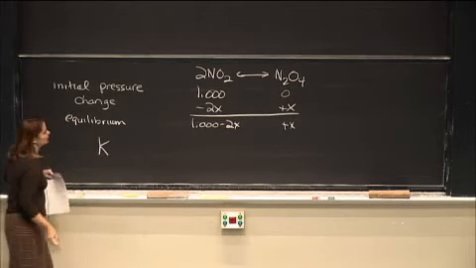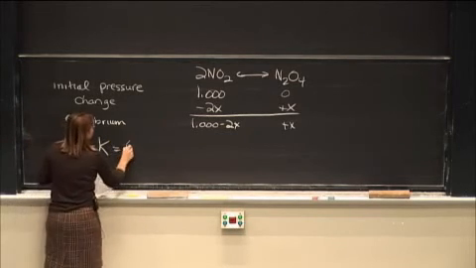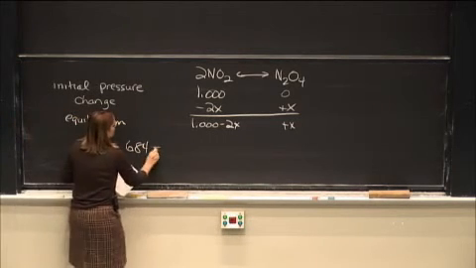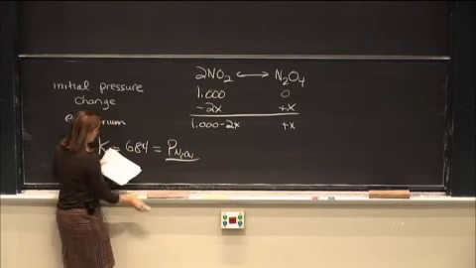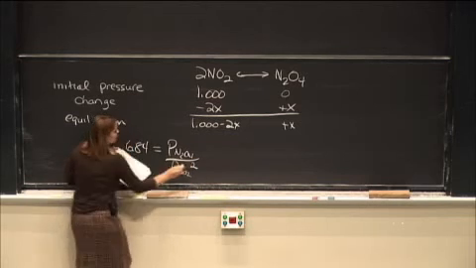So we're talking about equilibrium concentration, so we're talking about K. So K equals 6.84, which is going to be equal to the partial pressure of the product over the partial pressure of the reactant squared.